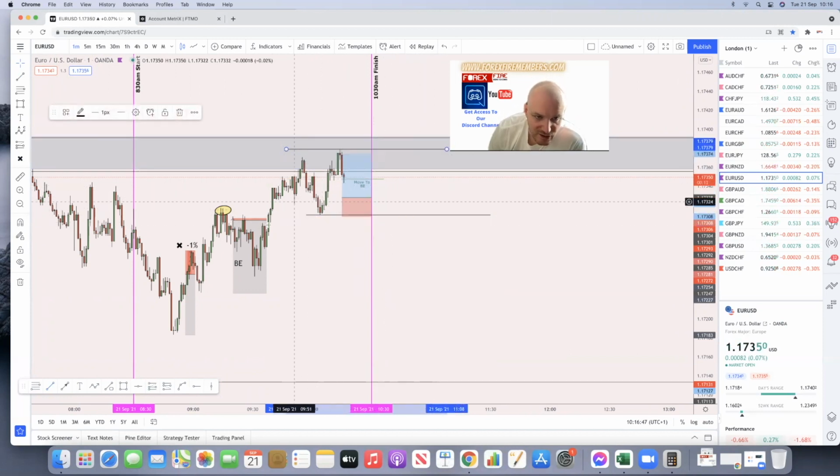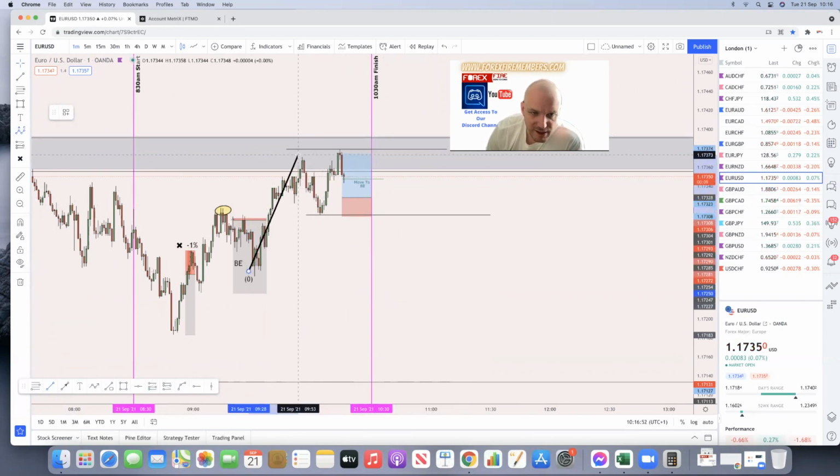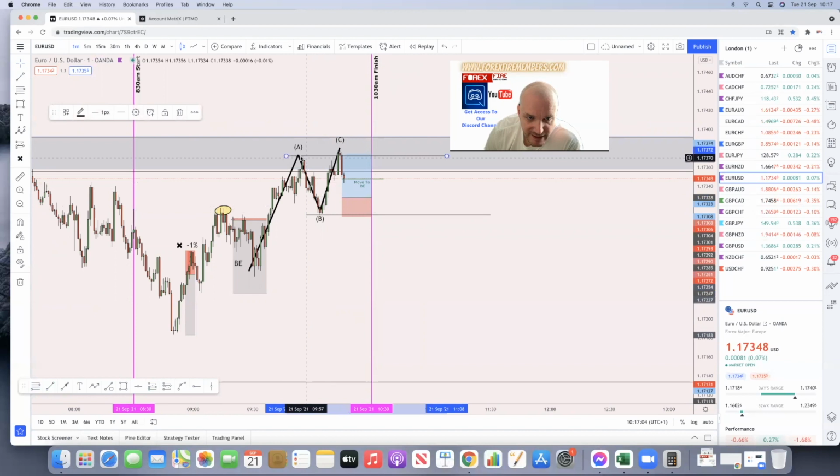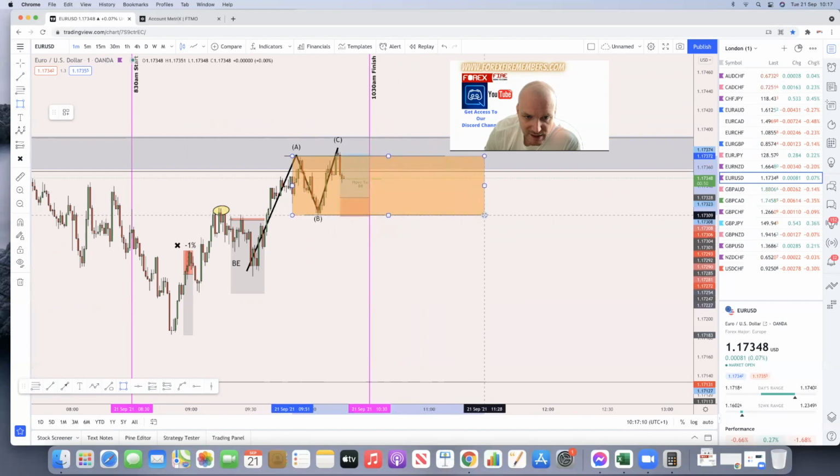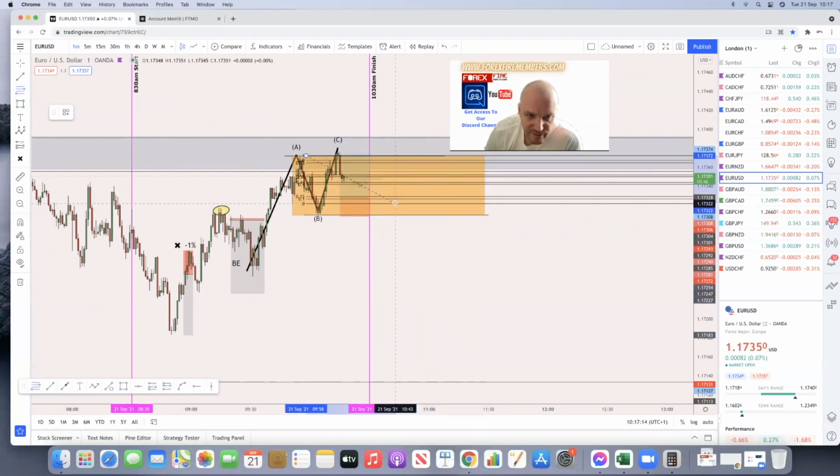You see what I mean? So as we've got the new A, B, C, we start to get the retracement down. This area here has now become the area of interest. This area on the pullback is our area of interest.